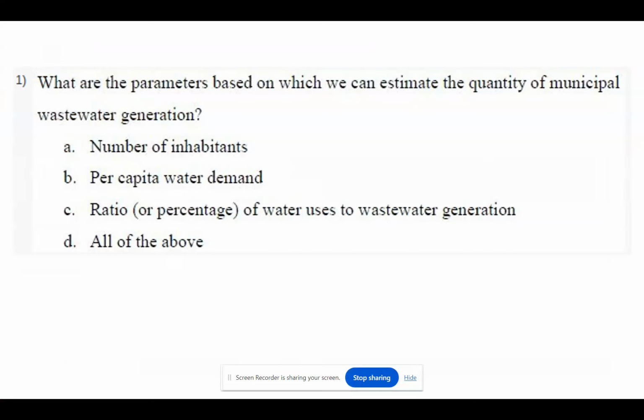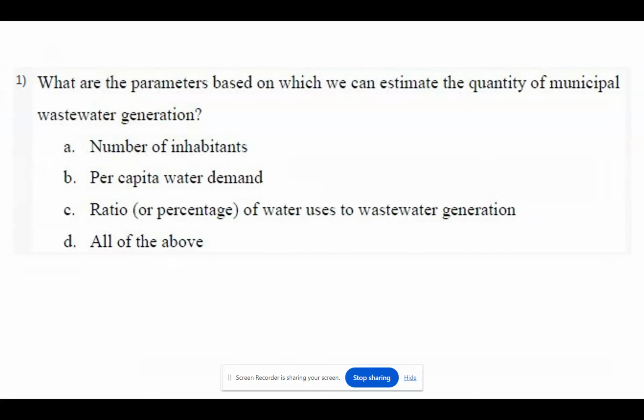Then, for that number of people, we need to know the amount of water they need for their daily activities. We should know the ratio of water use to waste stream generation: how much water they use for different needs, and how much waste stream can be produced from the consumption of pure water.